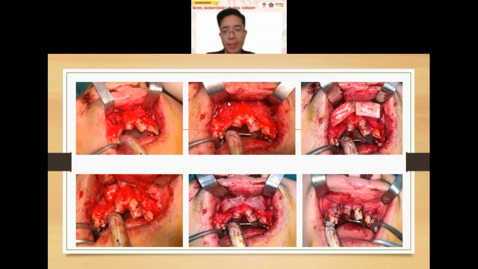Then we do the bone graft. This bone was collected from the iliac crest. And then we do the PRF and the second layer with ADM. Then we close the wound.